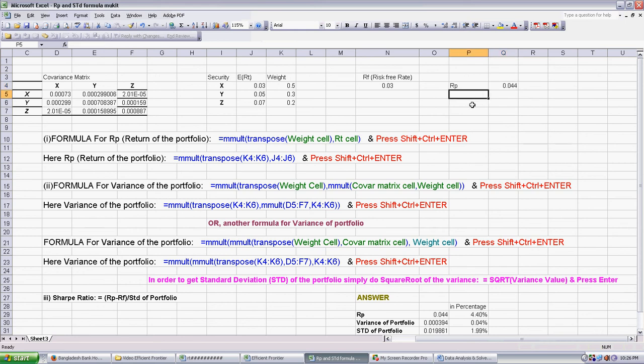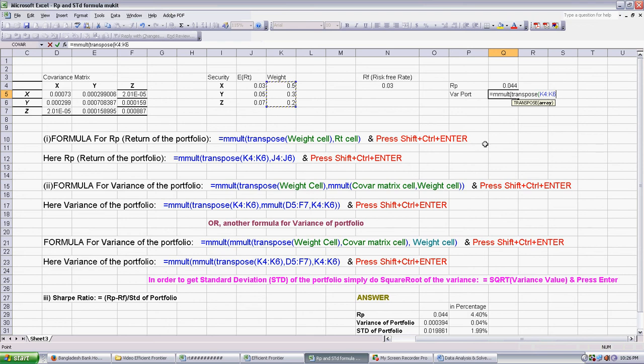And then we want to find the variance of the portfolio. So you will use this variance of the portfolio formula, that starts with MMULT first bracket, TRANSPOSE, then we select the weight cells, these 3 weight cells.